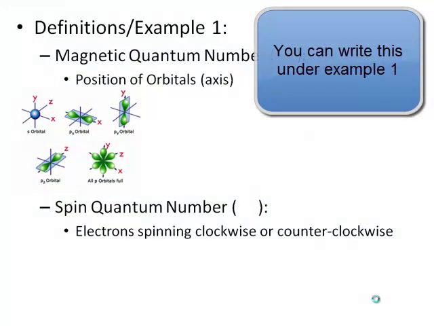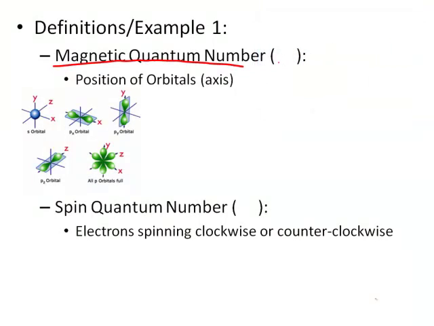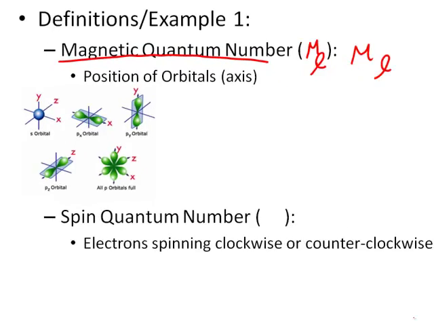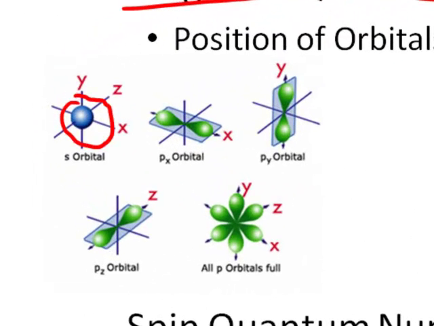The next quantum number describes the orientation of those orbitals. It's called the magnetic quantum number, denoted as m sub l, and it shows you the orientation. The s orbital really only has one orientation because it's spherical, but the p orbital can be on the x-axis as it is here, on the y-axis as it is there, or oriented on the z-axis. So it can be positioned in 3 different ways.